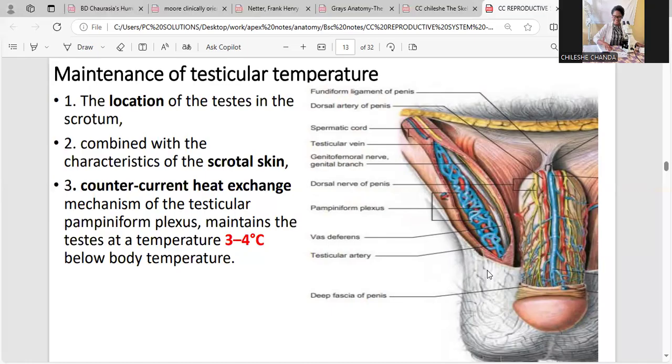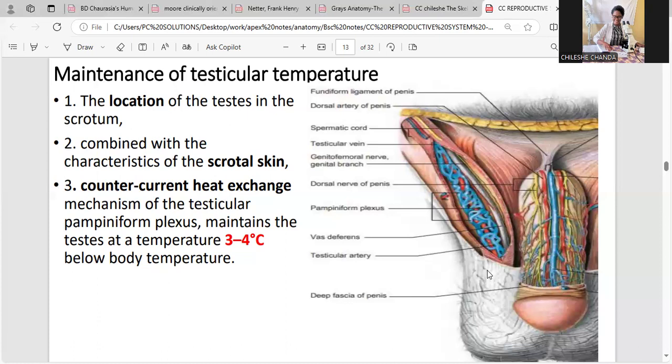When it is very hot, you'll find that the scrotum will expand so that the testes are further away from the body, and they do not get so much heat. And when it is cold, they will wrinkle up and the testes will move closer to the body.